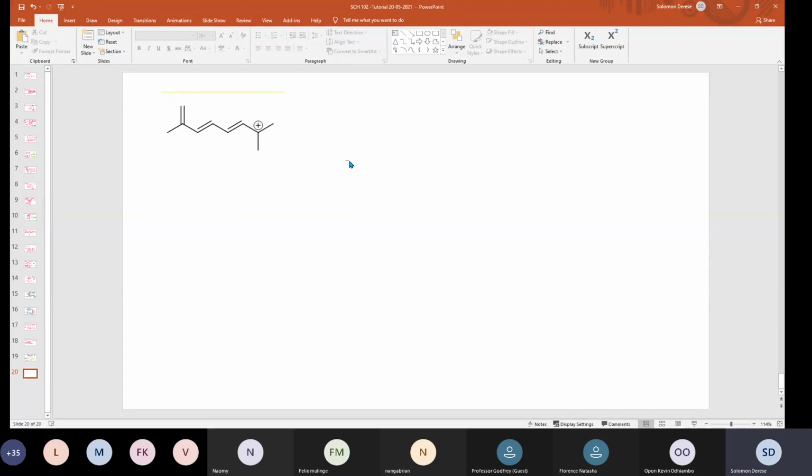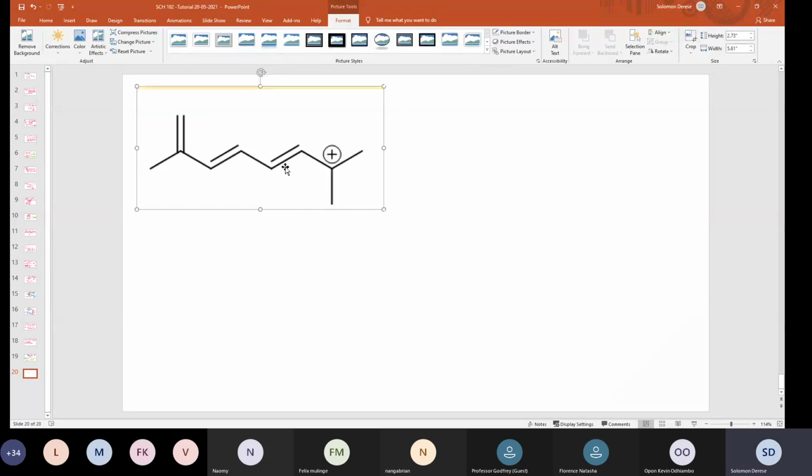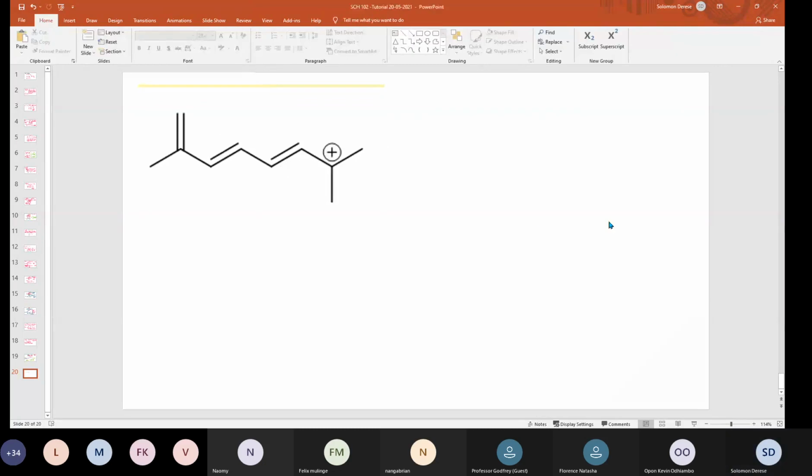And if you know how to draw the resonance structure of this, you can do it for many others. Okay, so first, draw all the resonance structures for this.